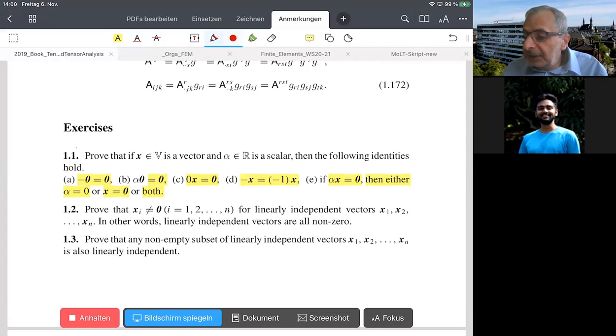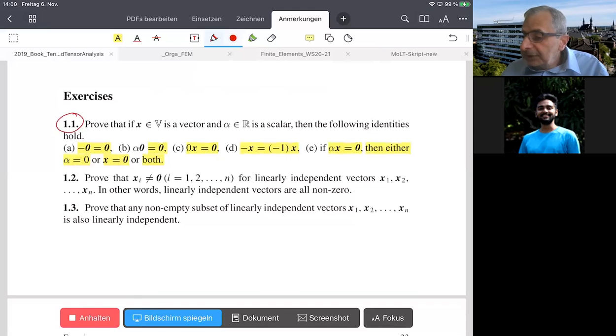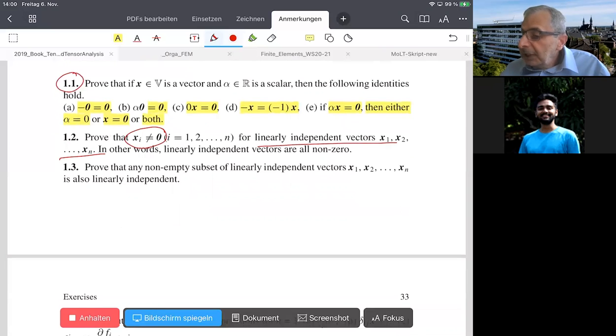Right, exercise 1.1, we discussed already with you. You have to prove these identities using only these 8 axioms, right? If we have linearly independent vectors x1, x2, ..., xn, you have to prove that none of them is the zero vector. Then prove that any non-empty subset of linearly independent vectors is linearly independent.